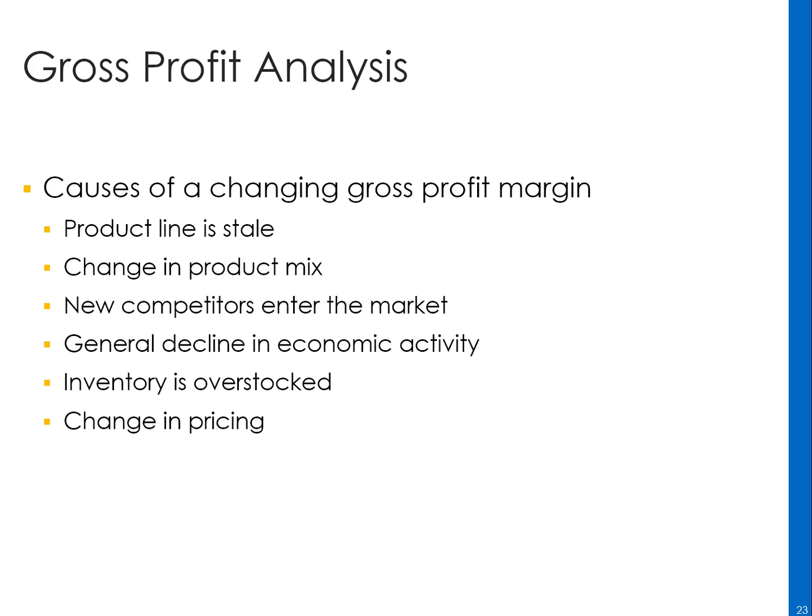Many factors are going to affect the margin, right? If the product line is very promising, like for example Apple, always having new iPhones and iPads, their gross profit margin will be higher than their peers in the industry.